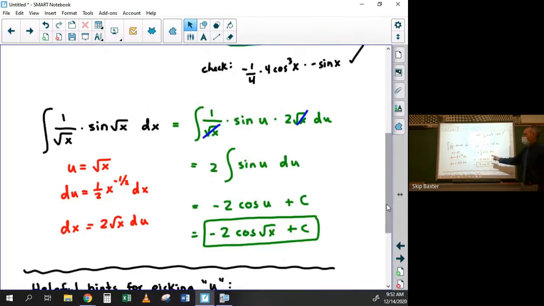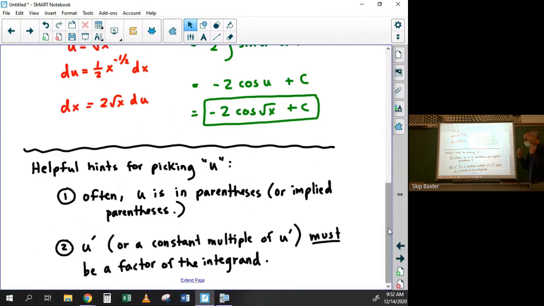Same thing here. If you pick this to be u, its derivative is 1/2 x to the -1/2. Well, here's a constant multiple of that right here. It doesn't have the 1/2 attached to it, but this is a constant multiple of the derivative of radical x. Does that make sense? So that has to be true. u prime, or a constant multiple of u prime, has to be a factor of the integrand.